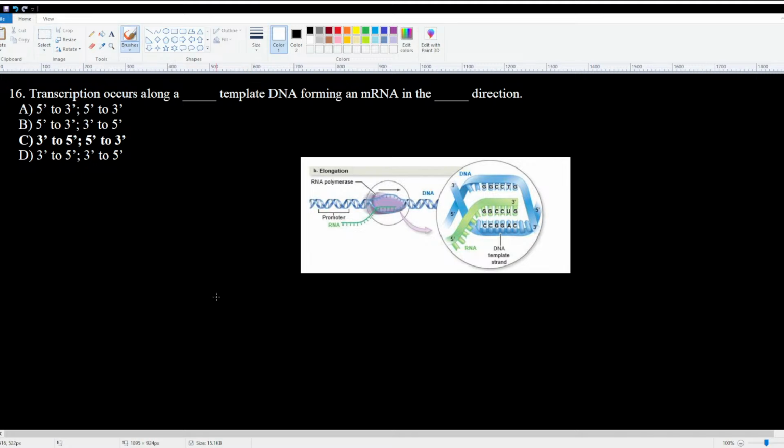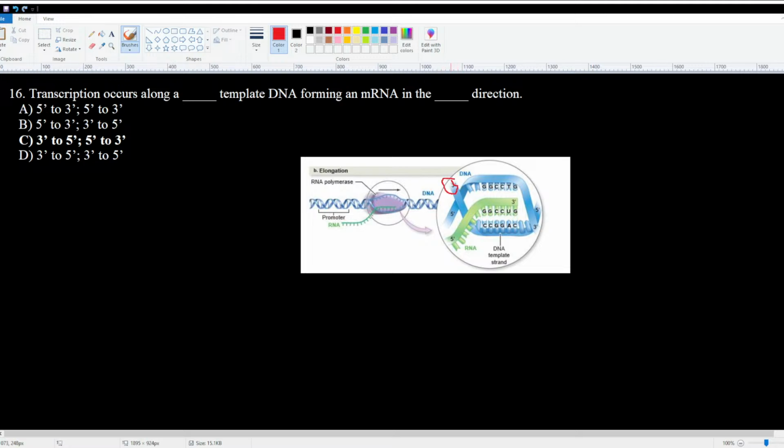here pictured is the process of elongation during transcription. Our RNA polymerase is doing all the work. It's unzipping the DNA, adding RNA nucleotides, and proofreading itself as well.